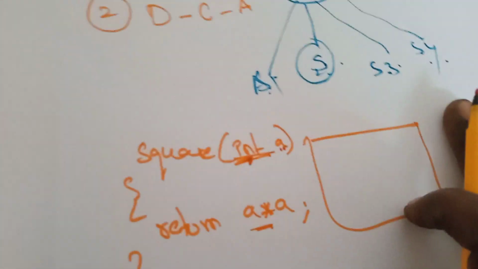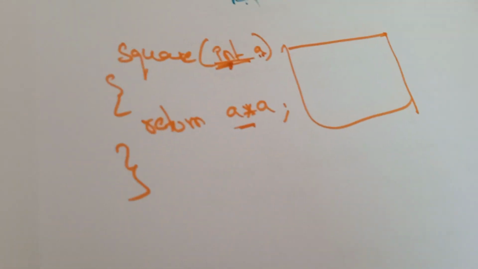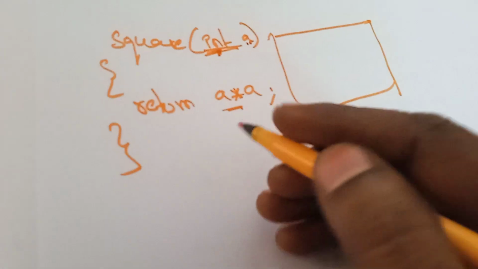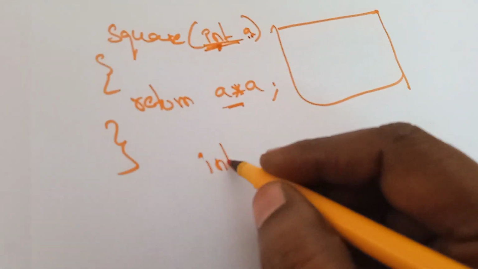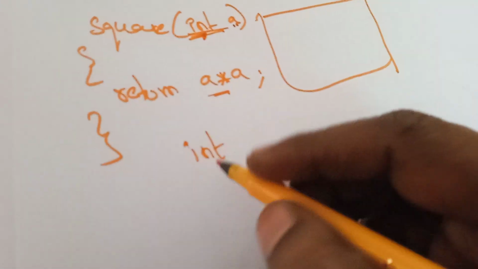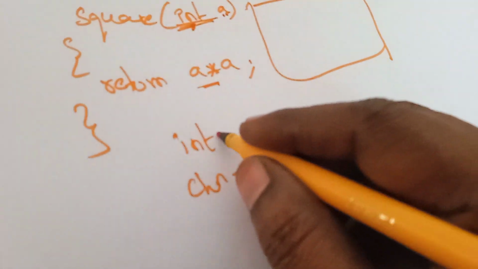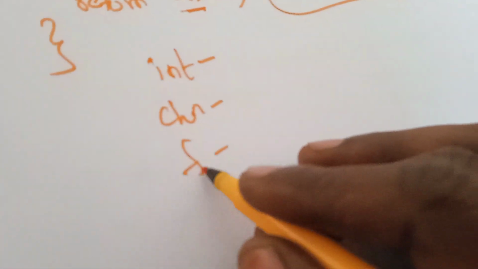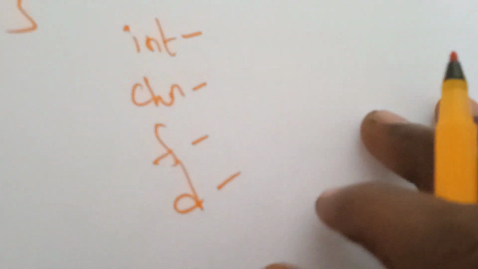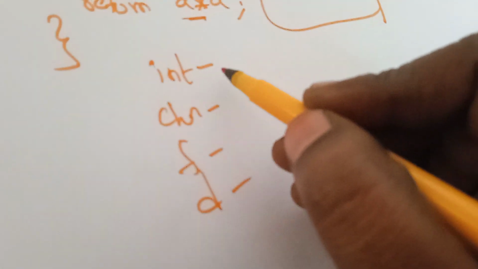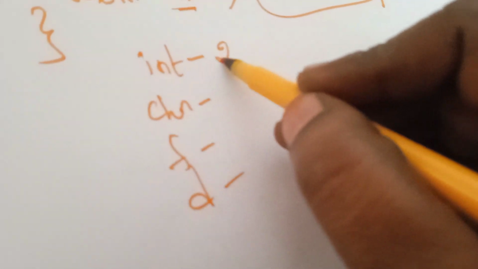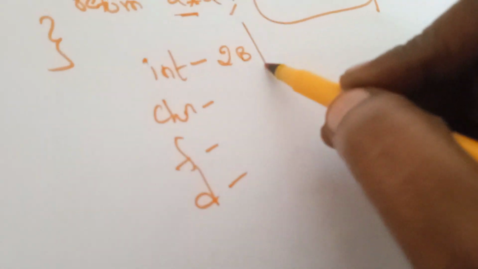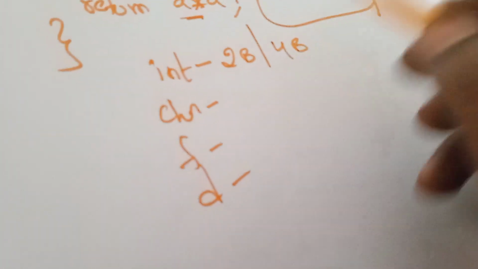We know from our previous semesters that integer is a data type, character is also a data type, float is also a data type, and double is also a data type. As far as integer is concerned, it takes 2 bytes of memory on a traditional computer, or else 4 bytes of memory.